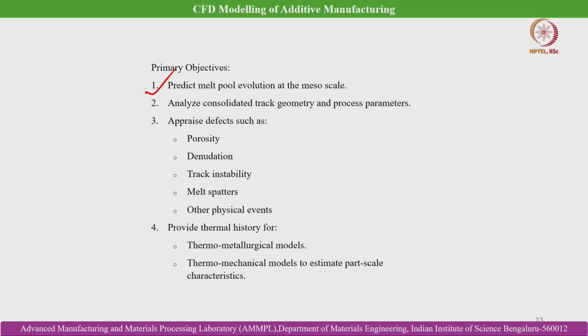If we can successfully predict the formation of these defects, we can also tune the process parameters to nullify or control these defects such as porosity, denudation, track instability, melt spatters and other physical events, and provide thermal history for thermometallurgical models and also thermomechanical models to estimate part scale characteristics.